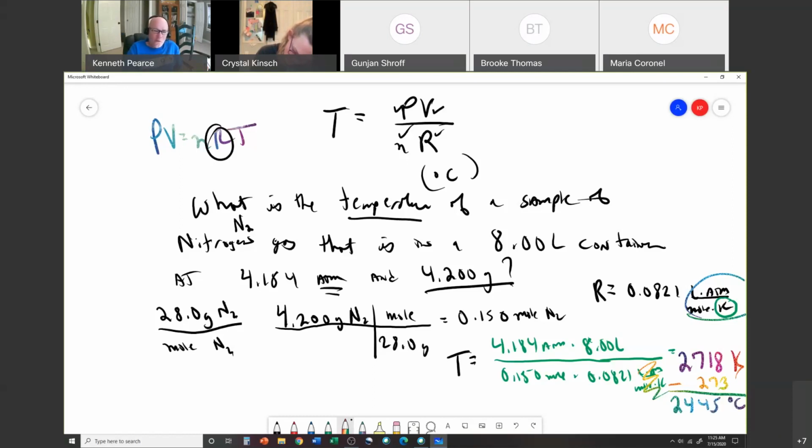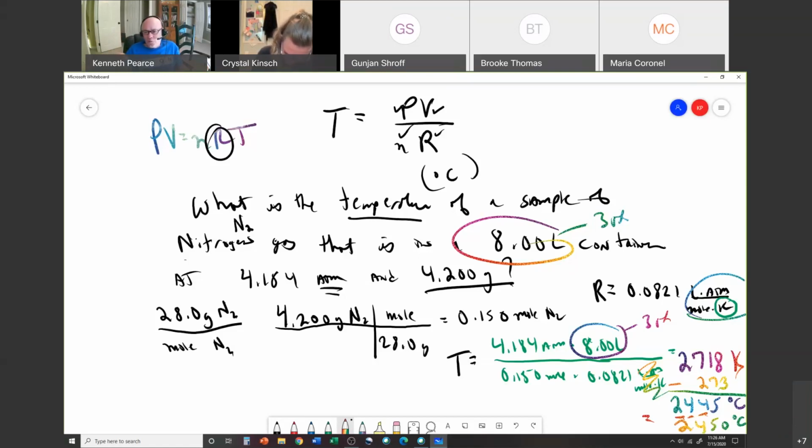And let's not forget, what's our sig figs? We've got 3 SF here, right? So our answer should be 3 SF. So we go 1, 2, 3, look one more over, and we get 2450 degrees Celsius with the correct number of sig figs.